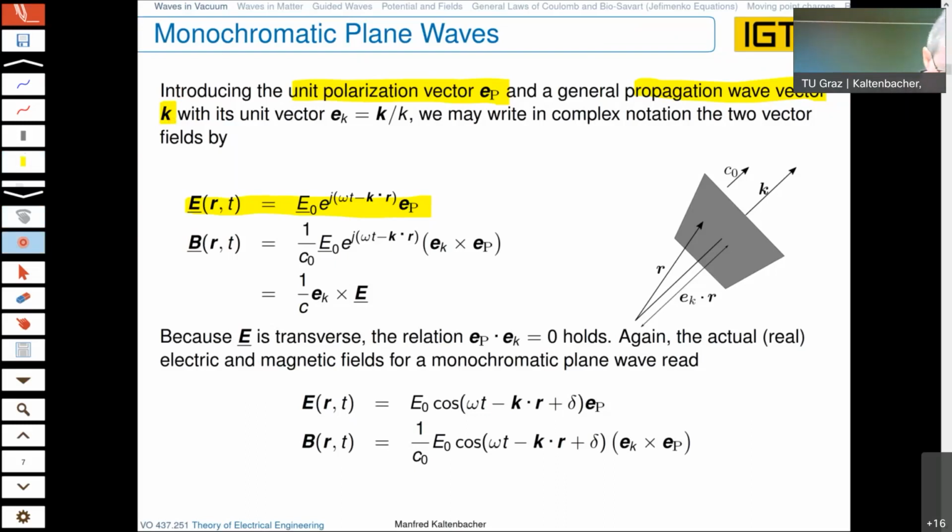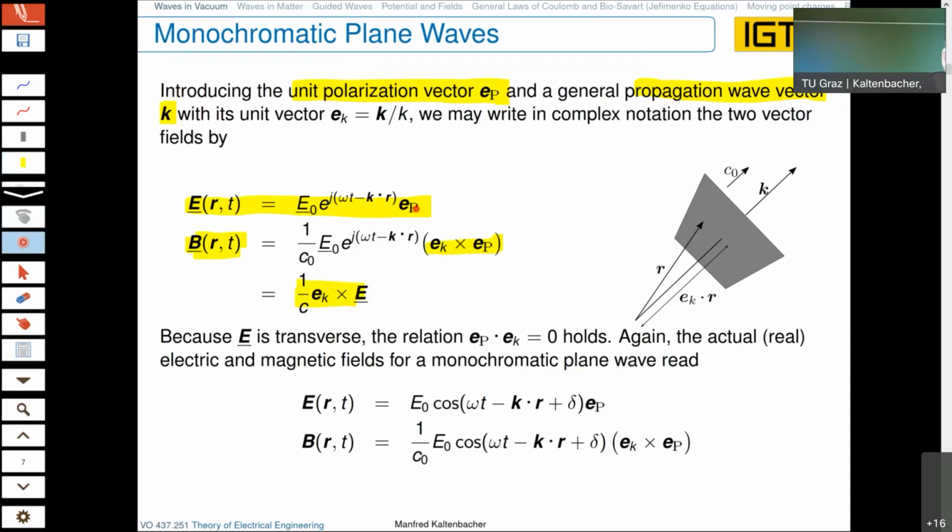In this case, we can express B by the electric field, where we have the cross product as before between the propagation direction and the direction of the electric field, which we can also write as the cross product between e_k, the unit vector of the propagation wave vector, and the electric field, written as a vector, where we know this is pointing in B direction.